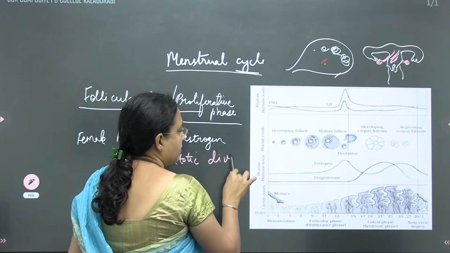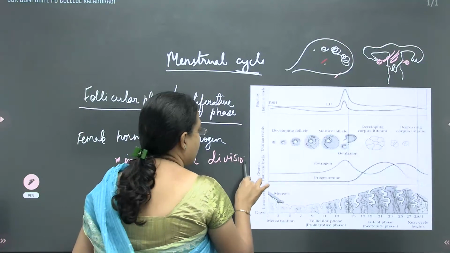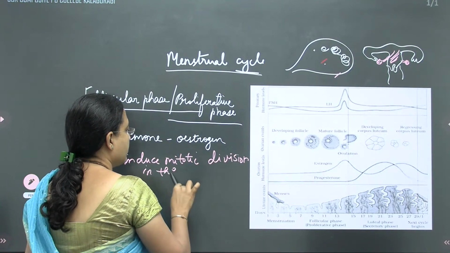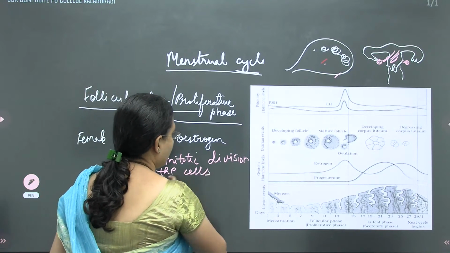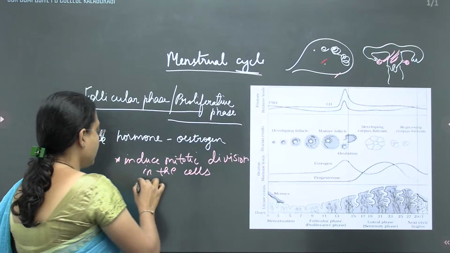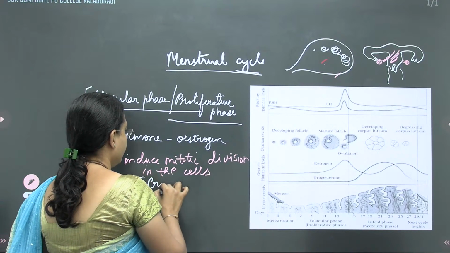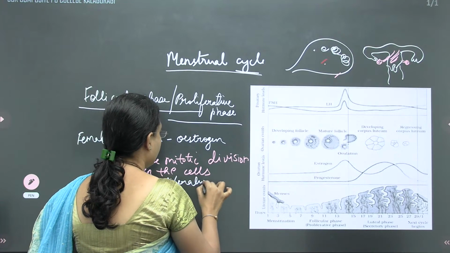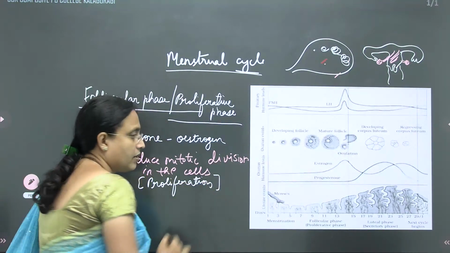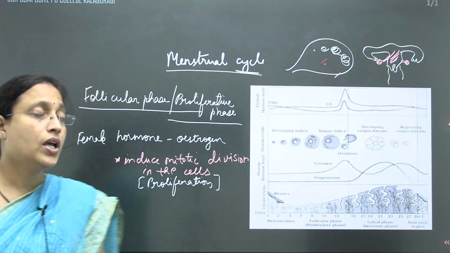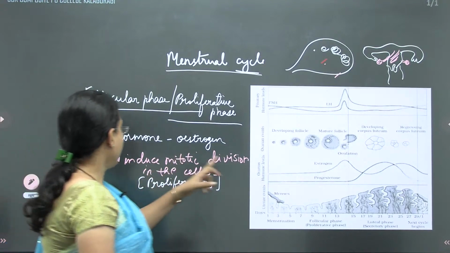Divisions where? In cells, of course, because it is the cell that undergoes mitotic division. Fast mitotic divisions can also be known as proliferation. Now, it induces mitotic division in cells.